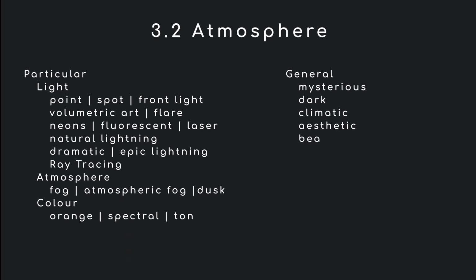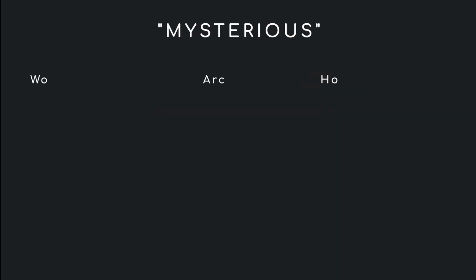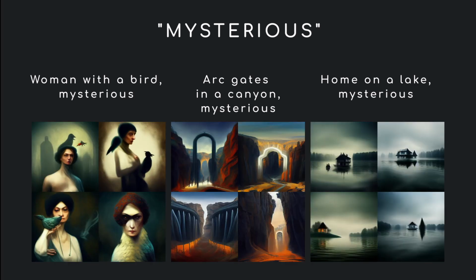Let's start with the atmosphere. You can access the full list in the description below. From this list I have chosen Mysterious as the main prompt to be checked. In my opinion, as mysterious represents a feeling, it's one of the best prompts from this list. I really love the effects, how they are a little bit unexpected.